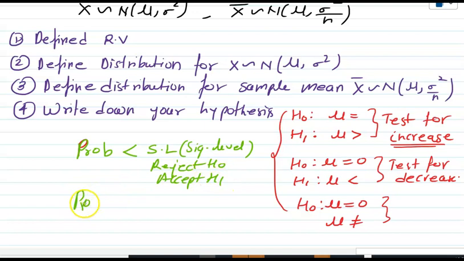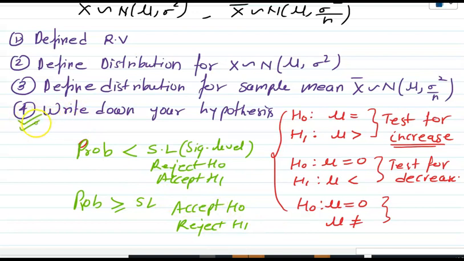And when the probability is greater than or equal to the significance level, then we accept H0 and reject H1. This is point 4.